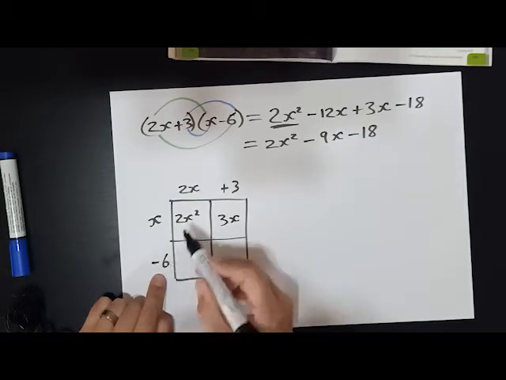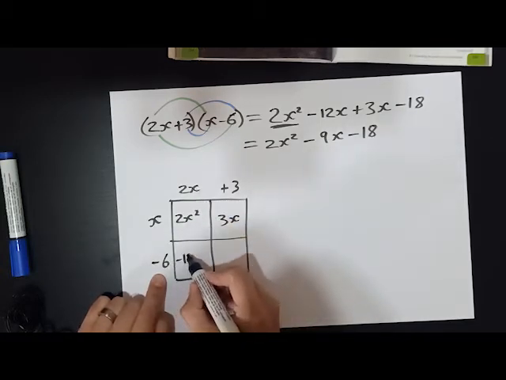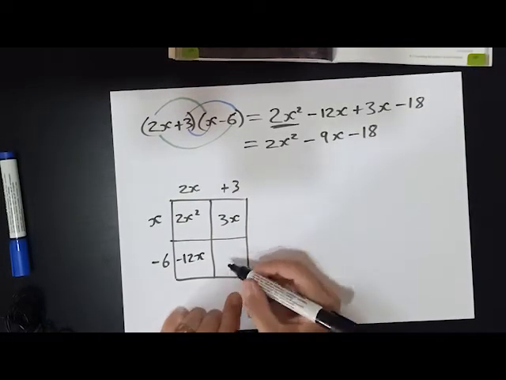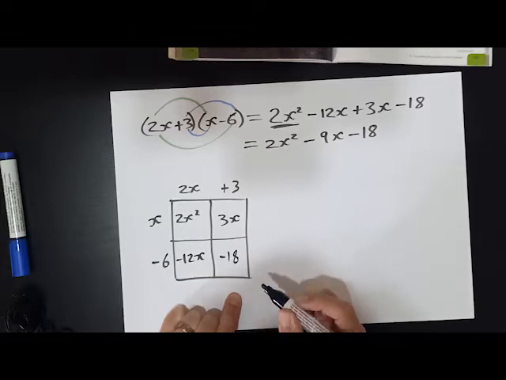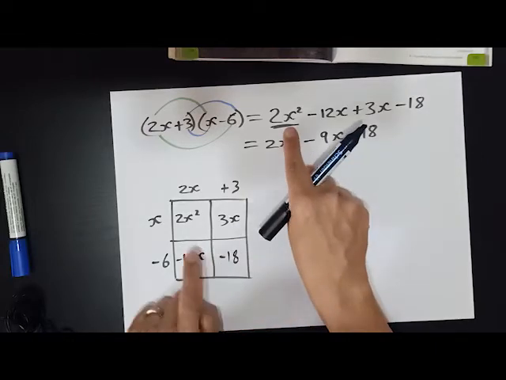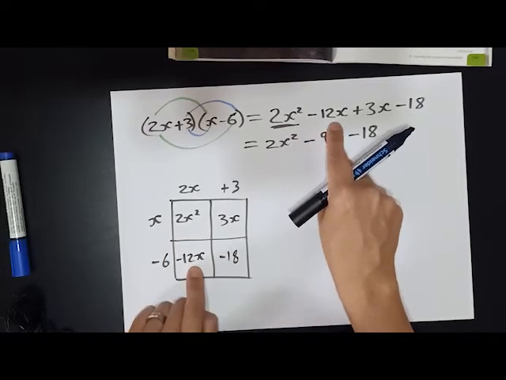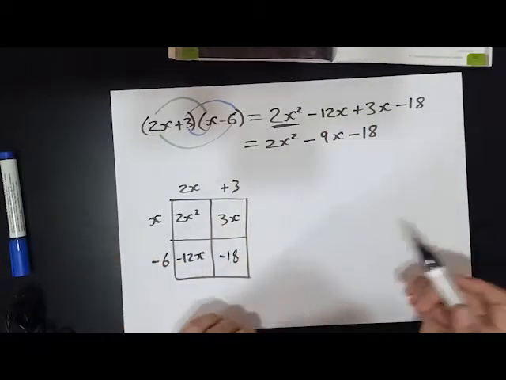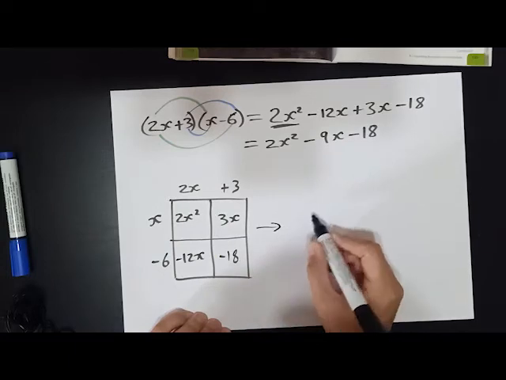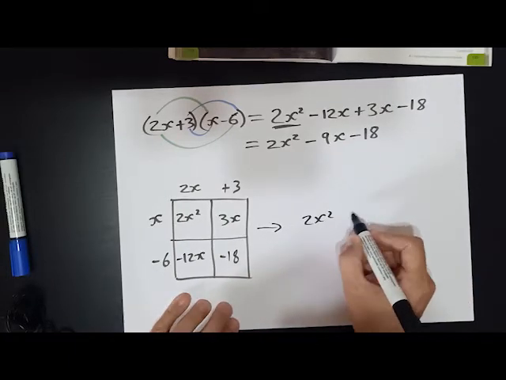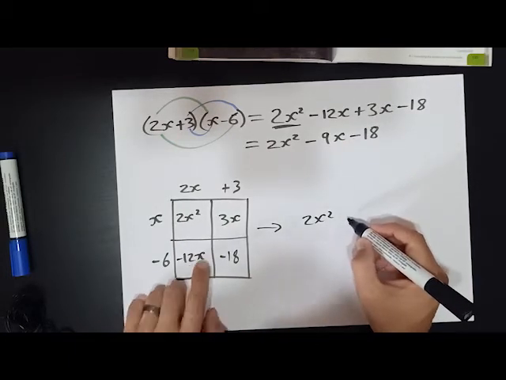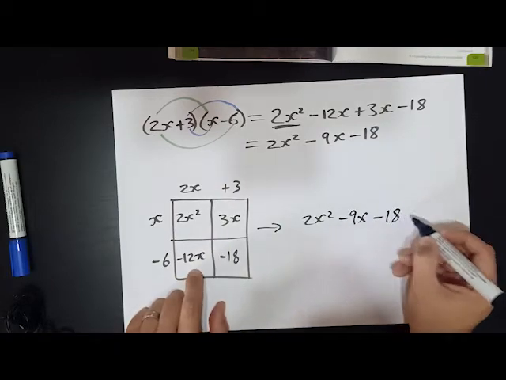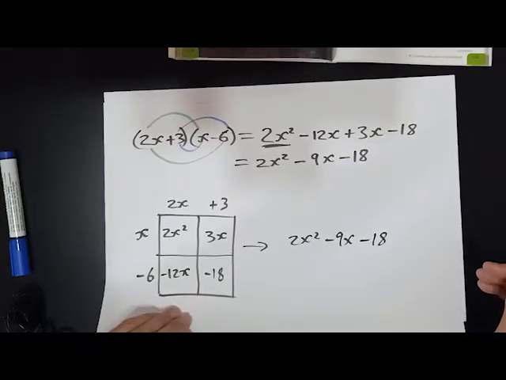Down here we've got minus 6 times 2x, that would be minus 12x. And in this one we've got minus 6 times plus 3, minus 18. So there are your 4 terms, just like here. And again, just add them all up in a line: 2x squared, minus 12x plus 3x, minus 9x, minus 18. Same thing.